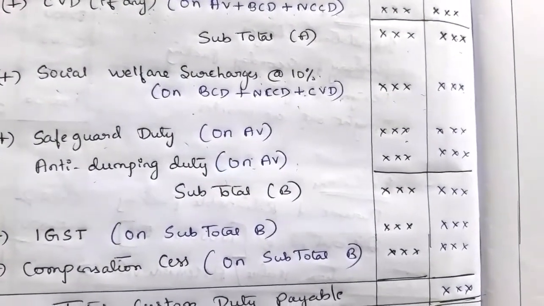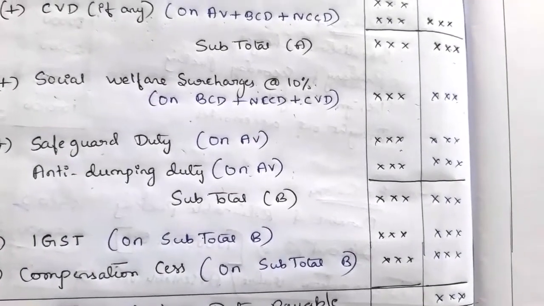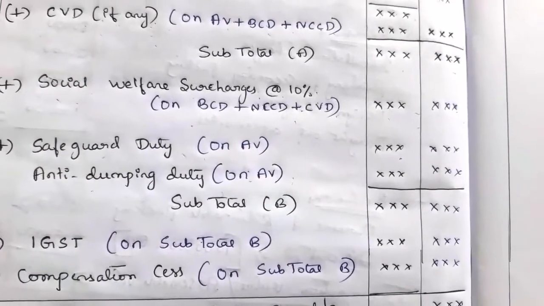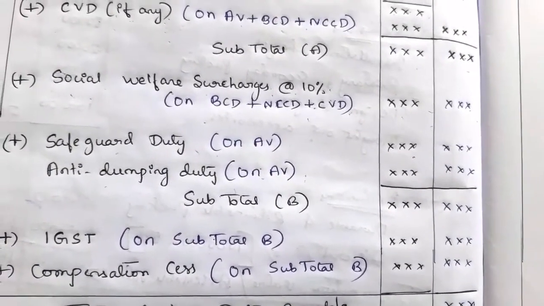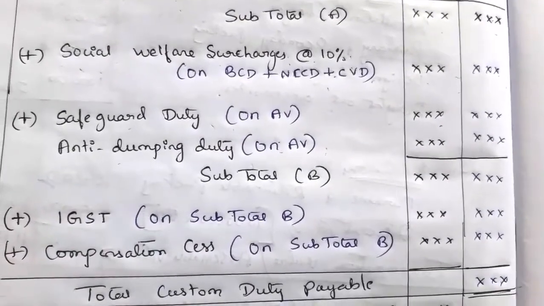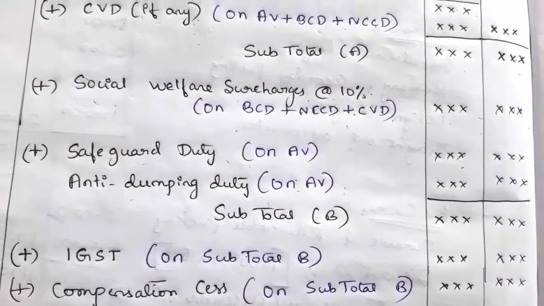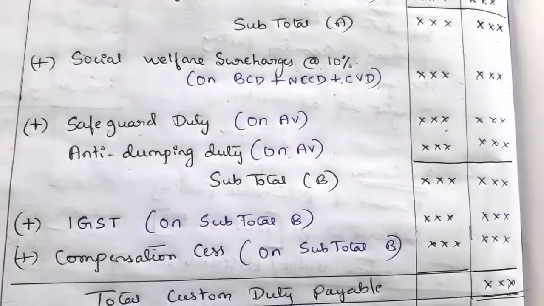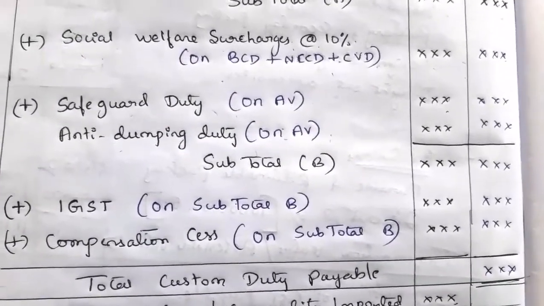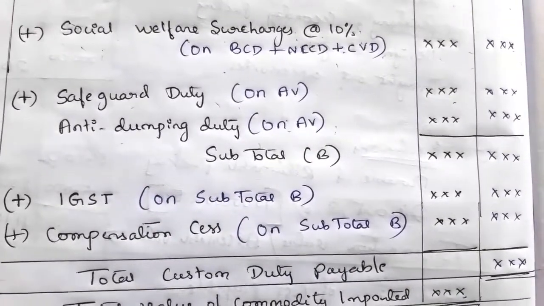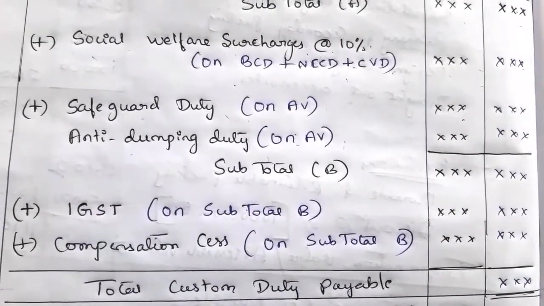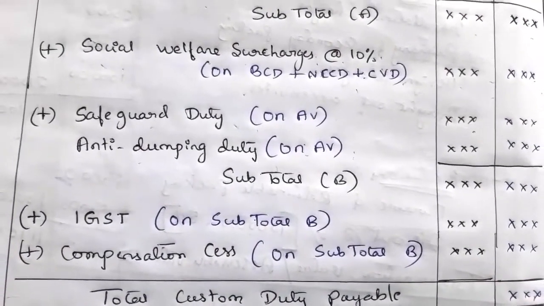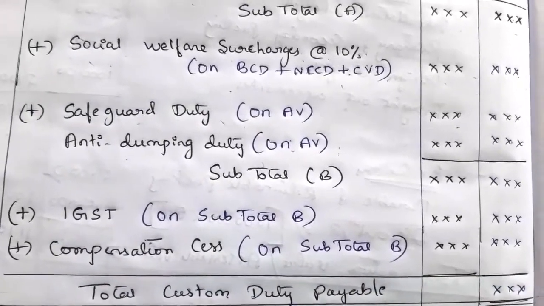If any article or goods are imported into India in large quantities, which causes serious injury to our domestic industry, then to protect the domestic industry, the safeguard duty will be imposed if there is any import into India in large quantities.